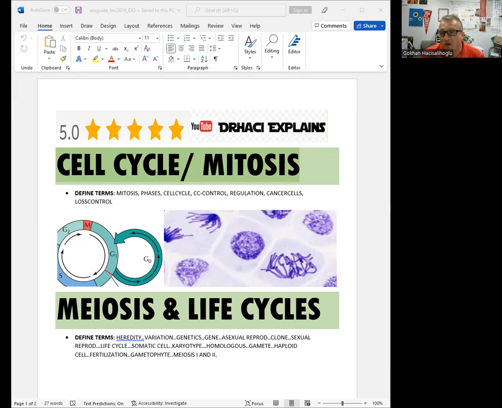Meiosis reduces the chromosome number. Unlike mitosis, meiosis halves the chromosome number and causes genetic variation because the offspring produced by meiosis are not identical to each other. They are unique. So asexual reproduction uses mitosis, which was last chapter. Sexual reproduction uses meiosis and fertilization.